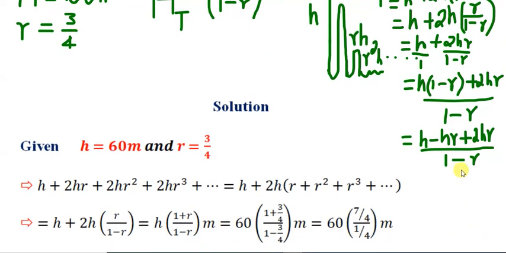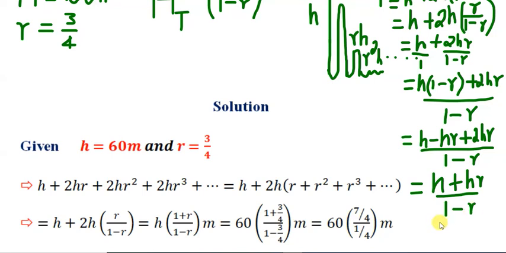Now add or subtract similar terms from one another, which means in this case similar terms are hr; this minus hr plus 2hr are similar terms, and therefore from 2hr if we subtract 1hr, then the result is only 1hr, and we have h plus h times r here, over 1 minus r.